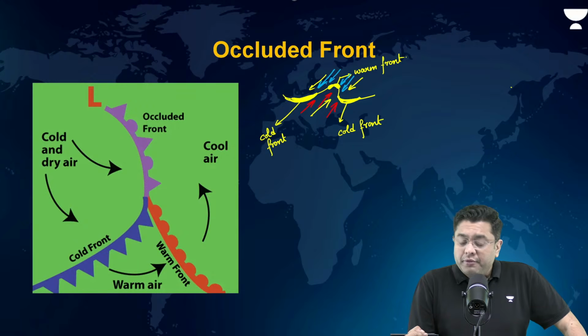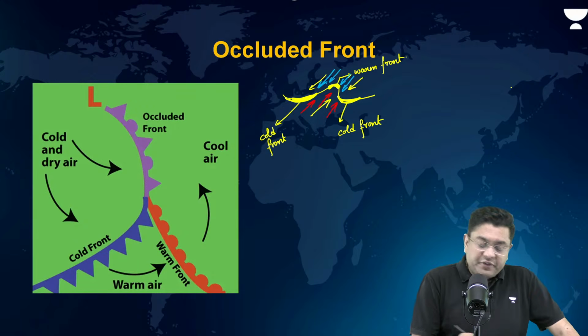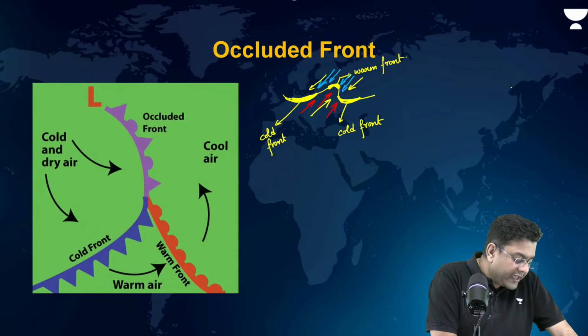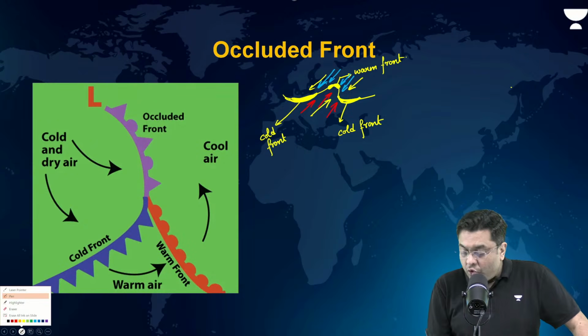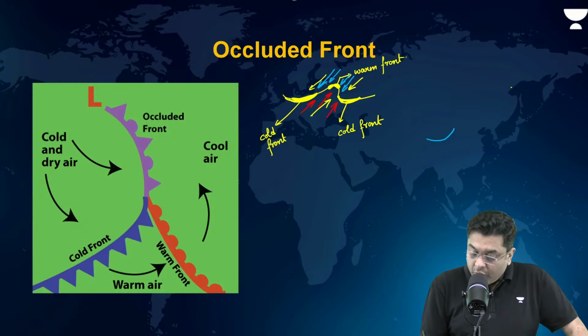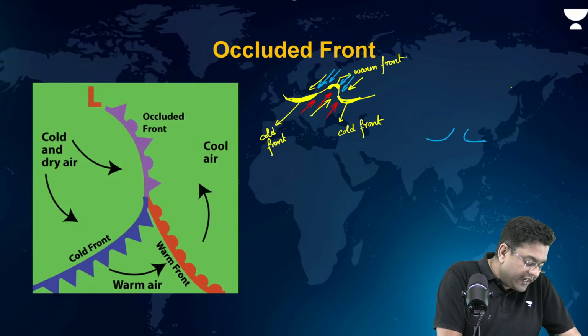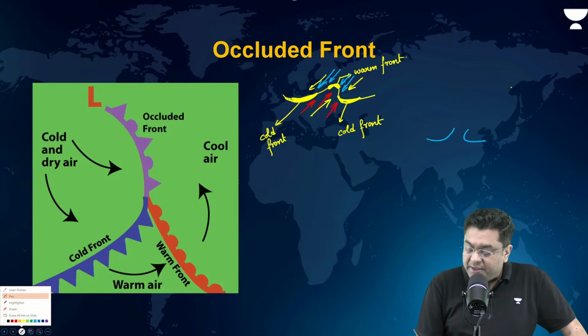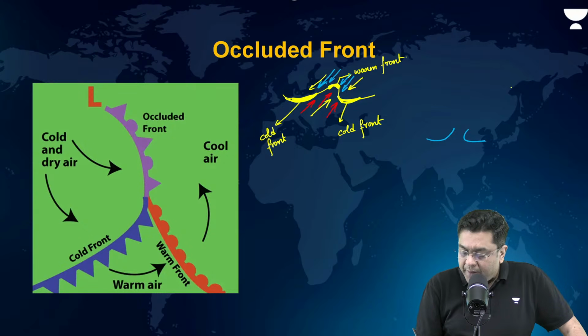So when you have the cold winds which are coming, so can I say that the cold front will become like this? On both sides, the cold air will start dominating the ground, whereas wherever you had the warm front, it will get slightly narrower.